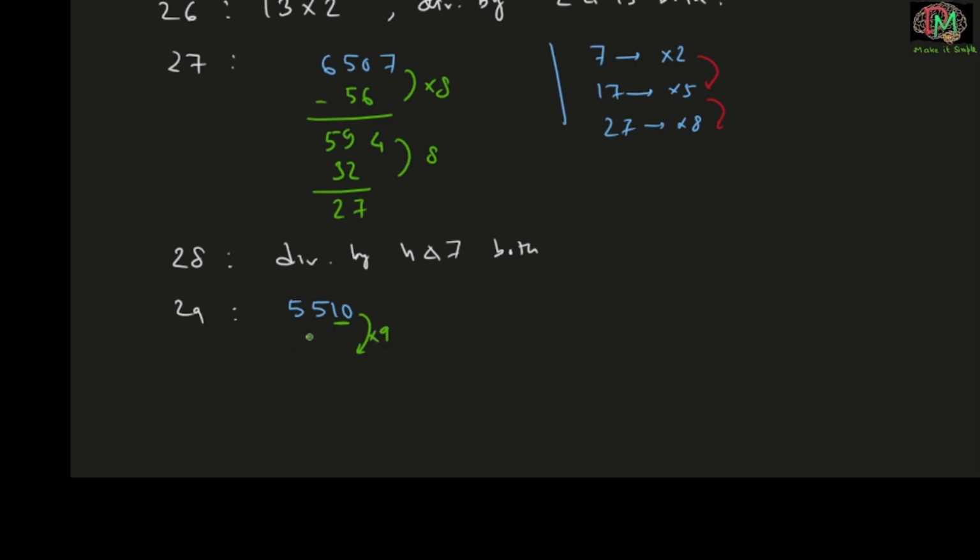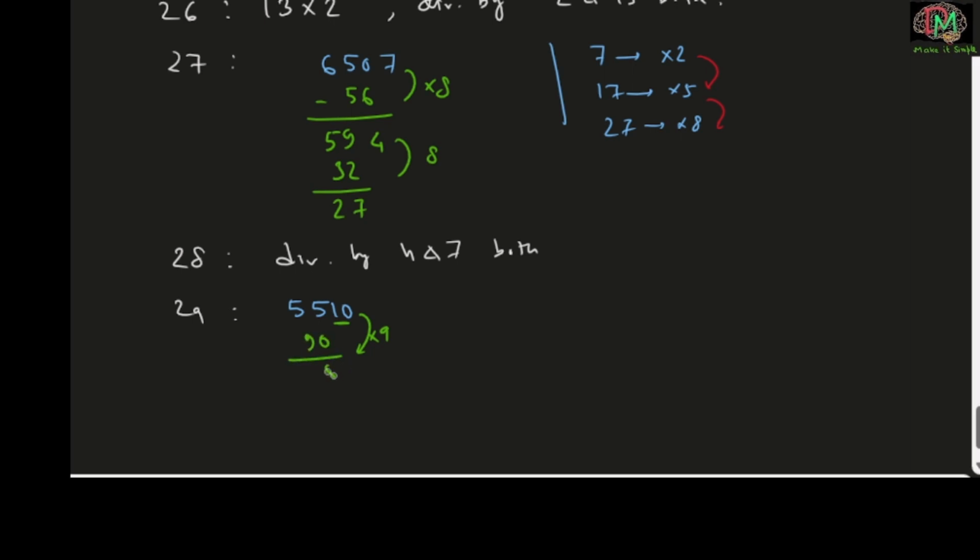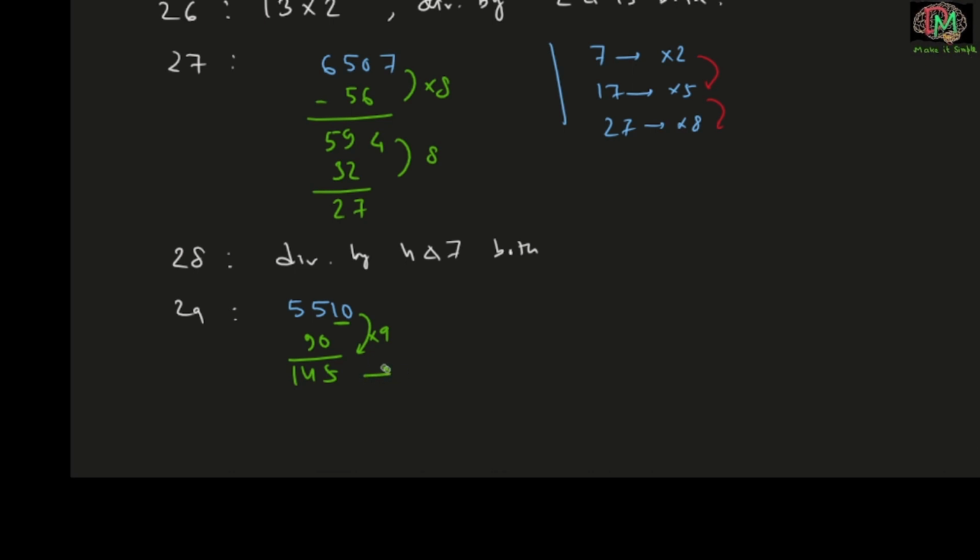So it will be 90, and we add 55, which gives 145, and then we check whether it is divisible by 29 or not. It is 5 into 29, so it is divisible by 29. Next is 30.